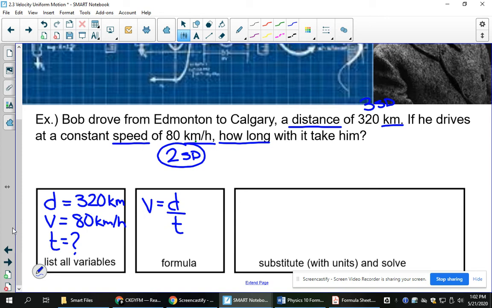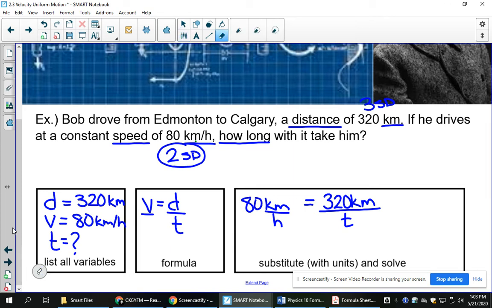And now here's our substitution step. I do know V, so on the left side of the equal sign, I'm going to write speed. My distance goes on the top of the fraction, and my unknown time goes on the bottom. You just leave it as a variable. Now, I'm going to write these units a little bit differently. You can write them vertically like that, or you can do the fraction horizontally.